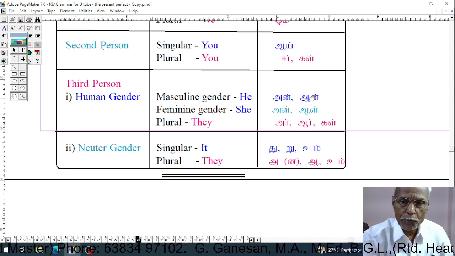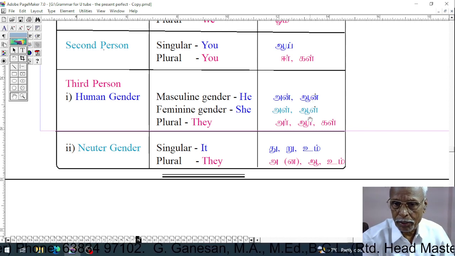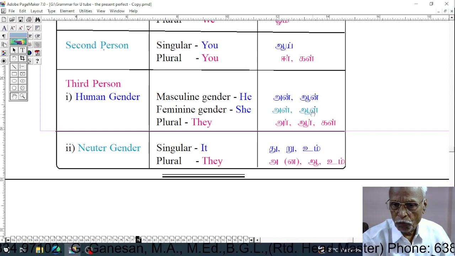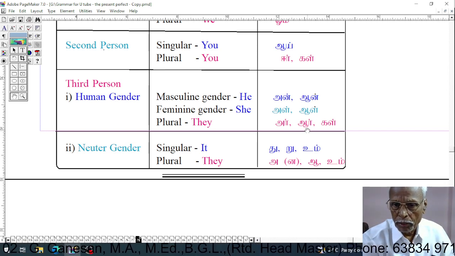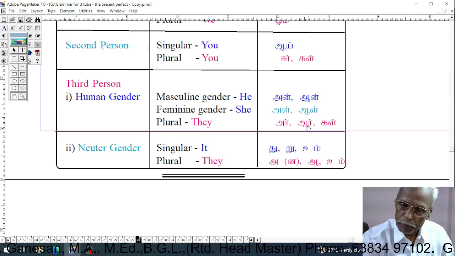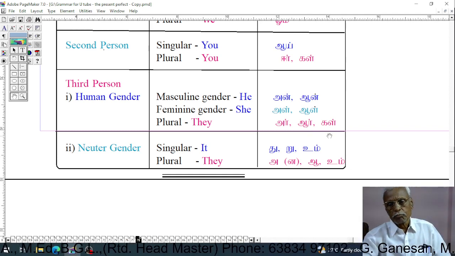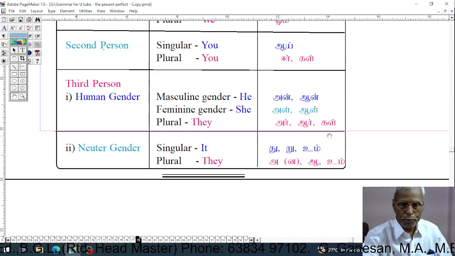But in ordinary speech and writing, for male ஓன், for female ஆள், for plural human gender ஆர், ஆர்கள். Both are used.